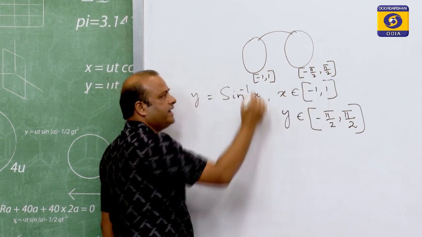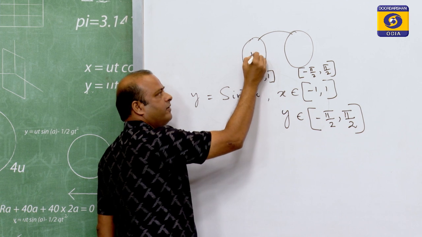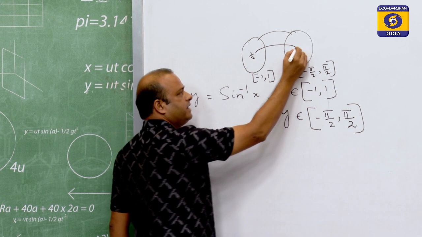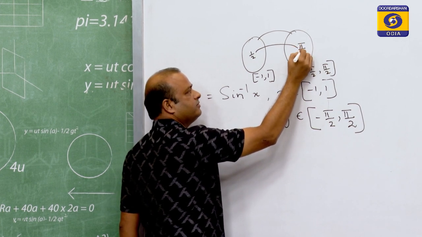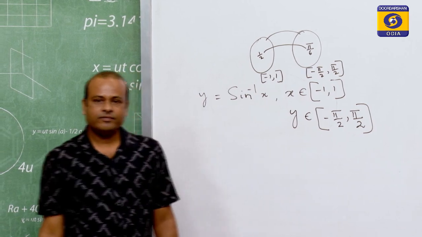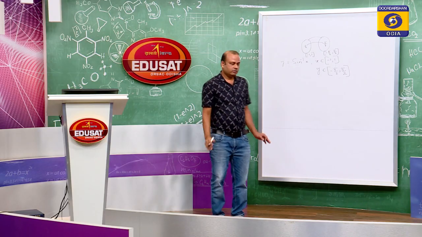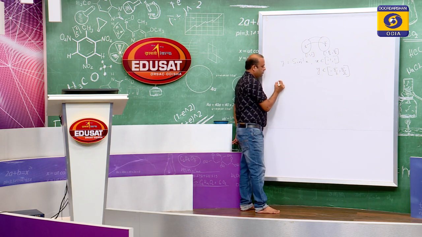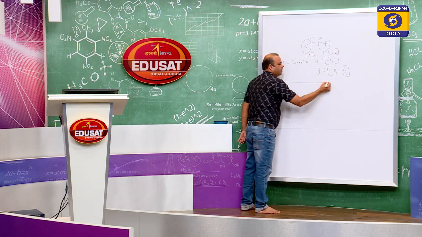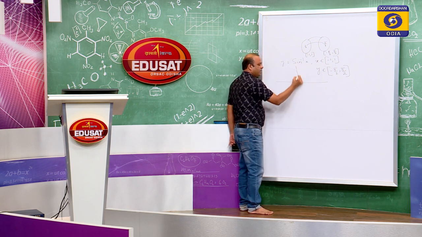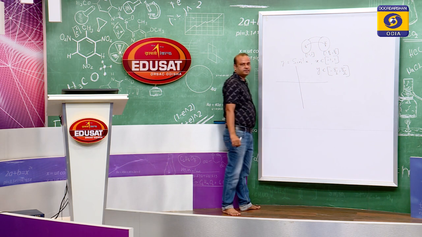Suppose you take it half, it will be 30 degrees, that is pi by 6, like this. So, the graph must be within minus 1 to plus 1. You can see here, this one is your x axis and this one is your y axis.